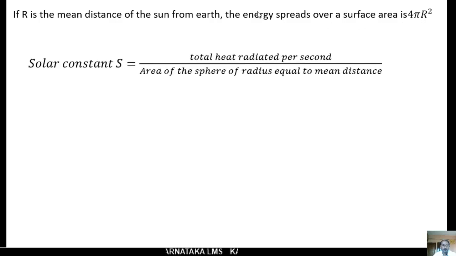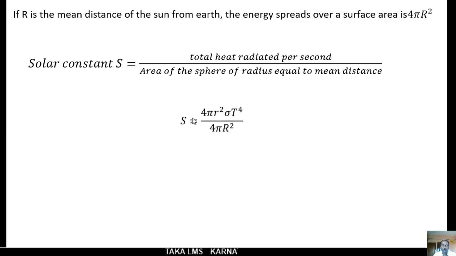Therefore, according to the definition of the solar constant, this is defined as the ratio of total heat radiated per second from the black body to the area of the sphere of radius equal to the mean distance.